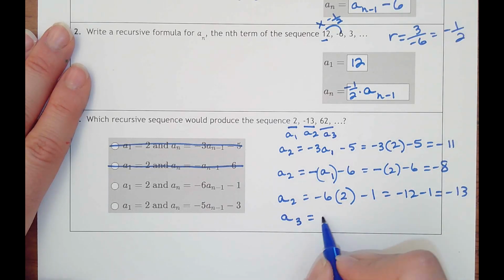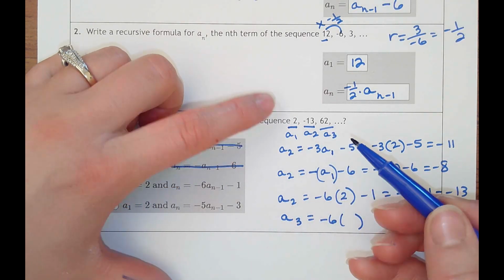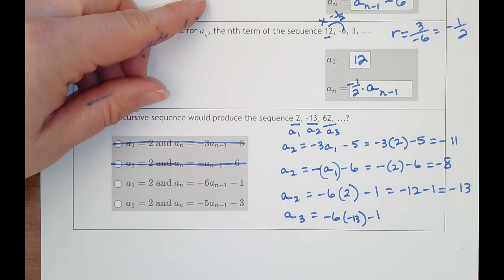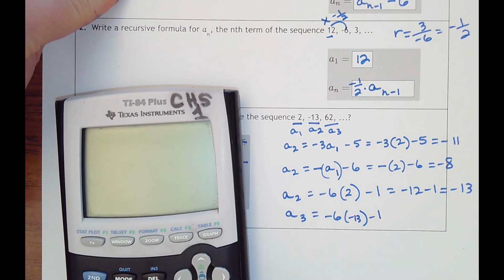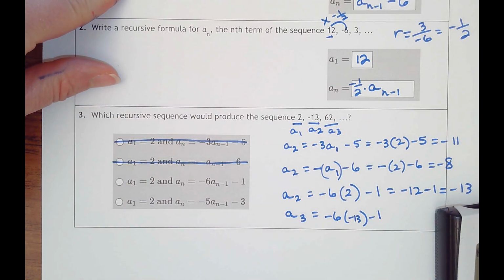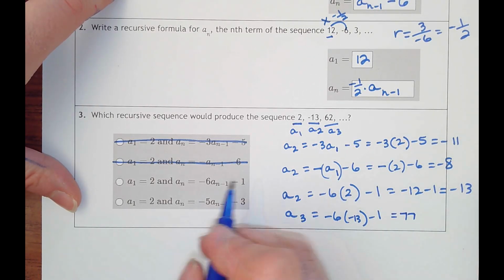To get a sub 3, it's going to take negative 6 times the term before it, the negative 13, minus 1. Negative 6 times negative 13 minus 1 is 77. So it cannot be that one either.